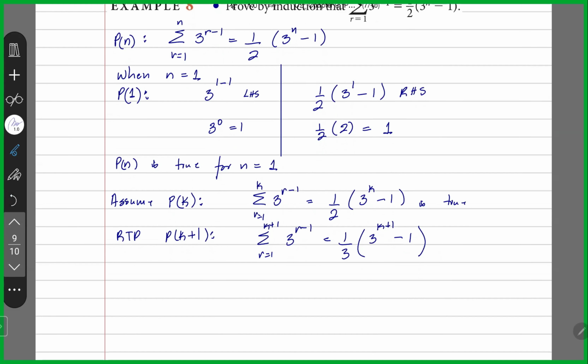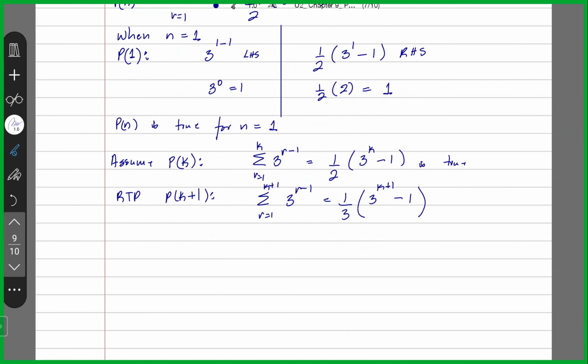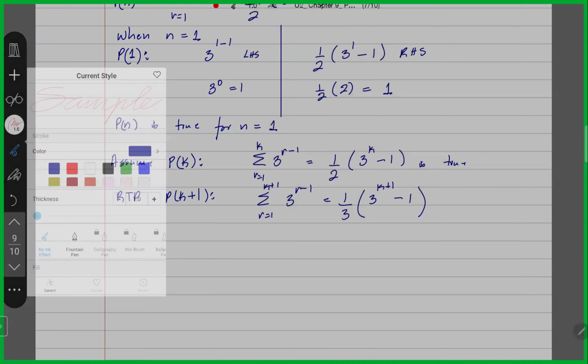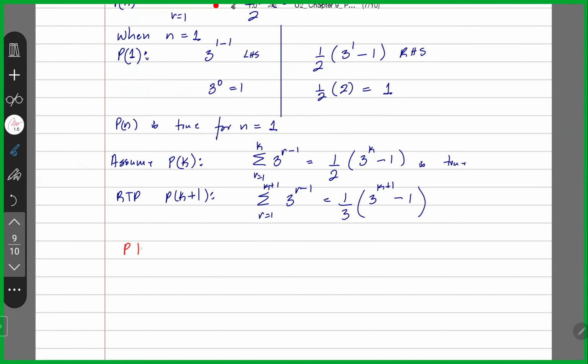All right, I'm wondering if we should simplify over the right. Well, let's not. But here's something that we do know. Let's change the color ink: Pk plus 1 is actually equal to Pk plus the k plus 1 term.